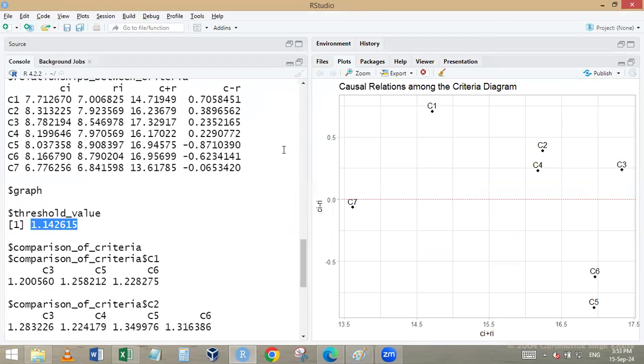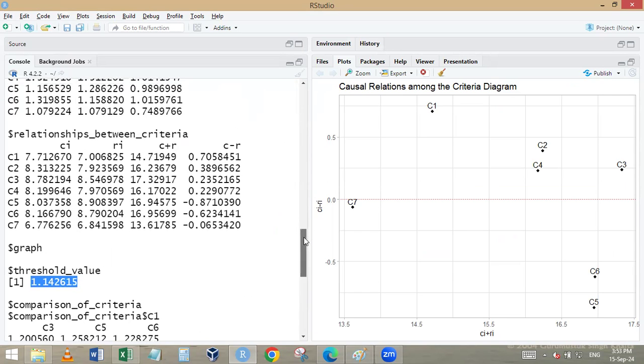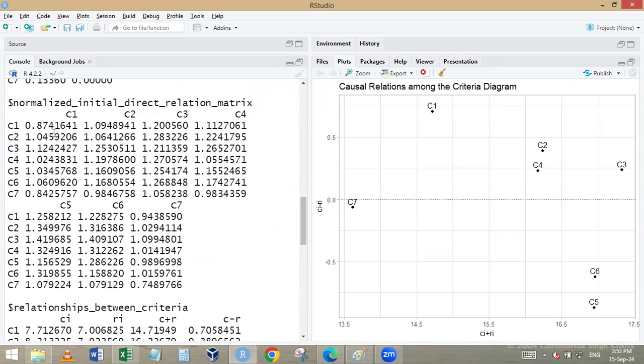It will give us 2 tables and a value. 2 tables are, one is relationship between criteria, R plus C, C minus R. This is importance and DV, IDV. And the second table will tell where the arrow will go, where the effect is there. Any value more than threshold will be the effect, that is 1, else it will be 0.